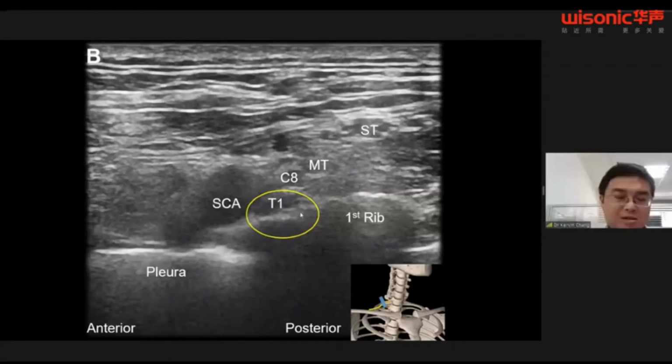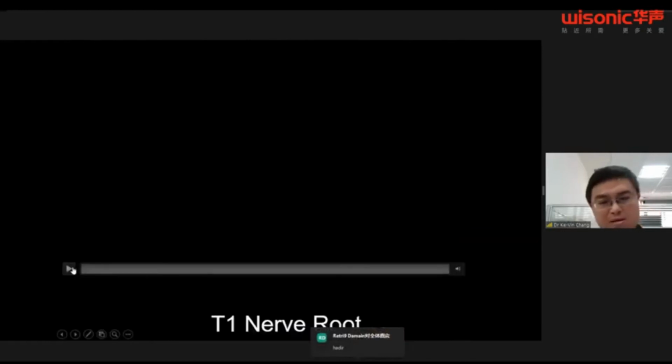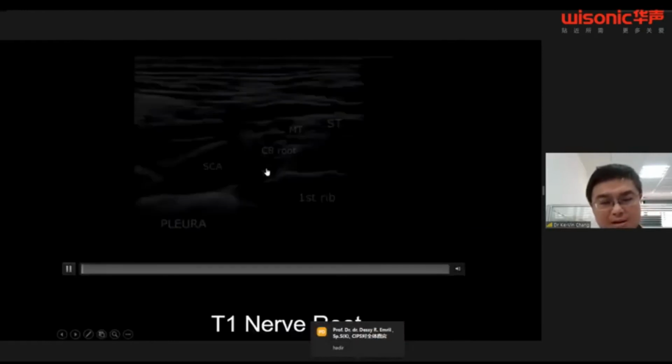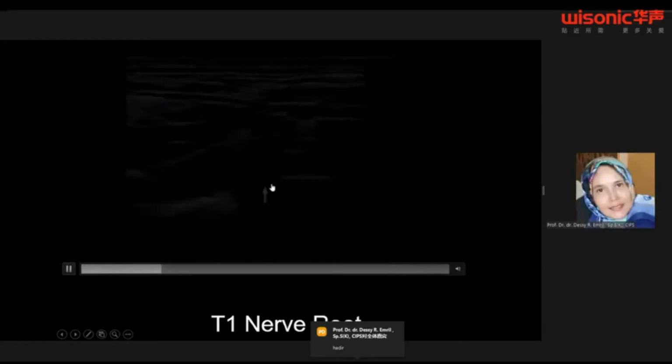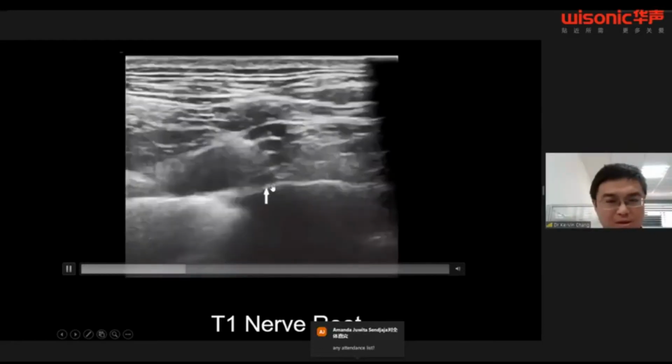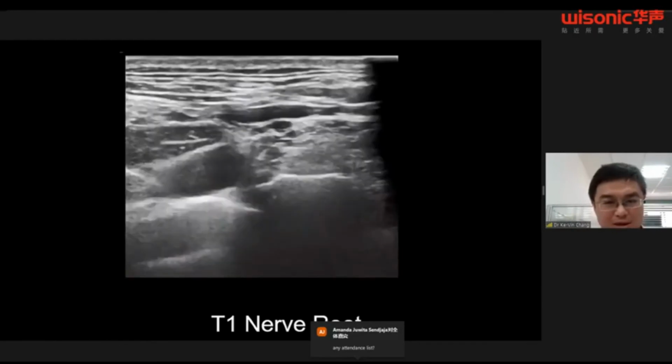And another one is the T1. T1 is very difficult to see, and you only see it at the very lateral part of our supraclavicular fossa. Remember, T1's location is actually caudal to the T1 transverse process, and we know the first rib connects to the T1 transverse process.